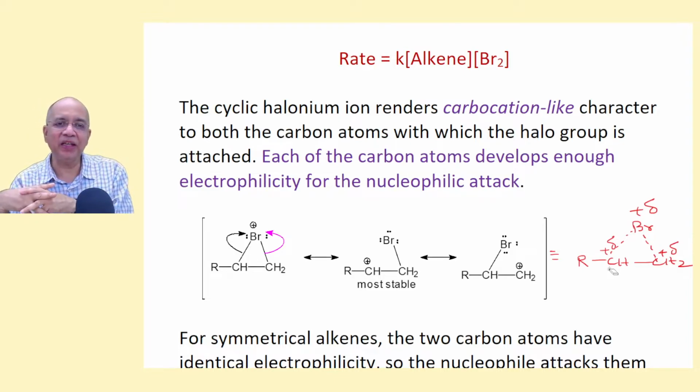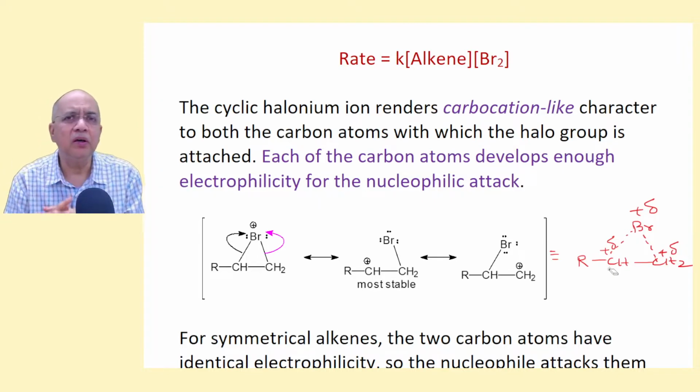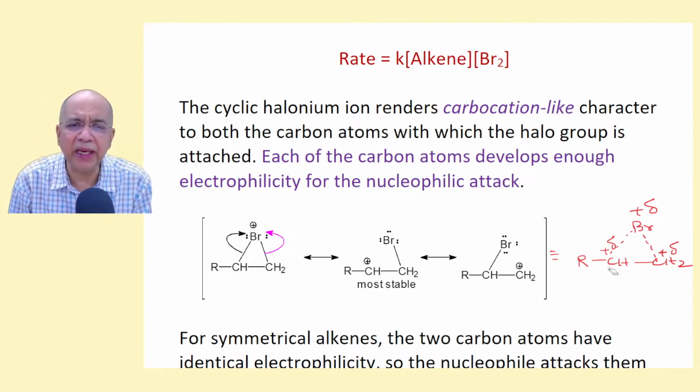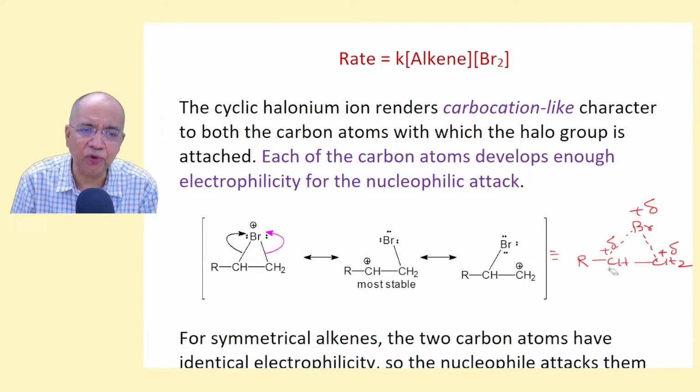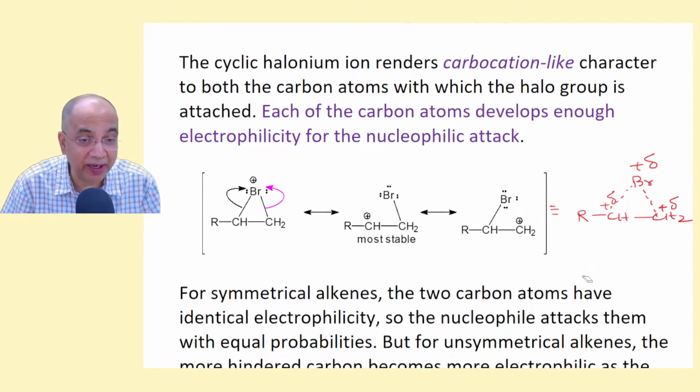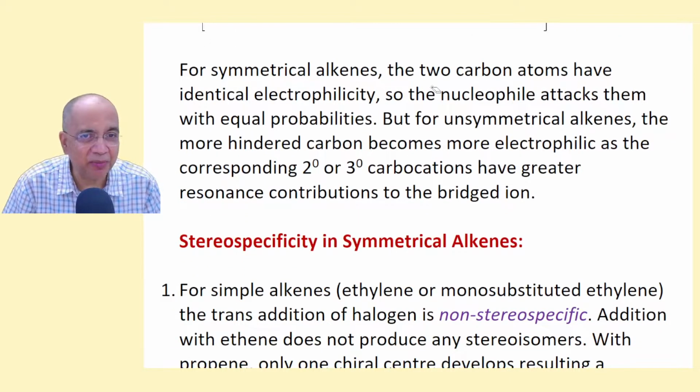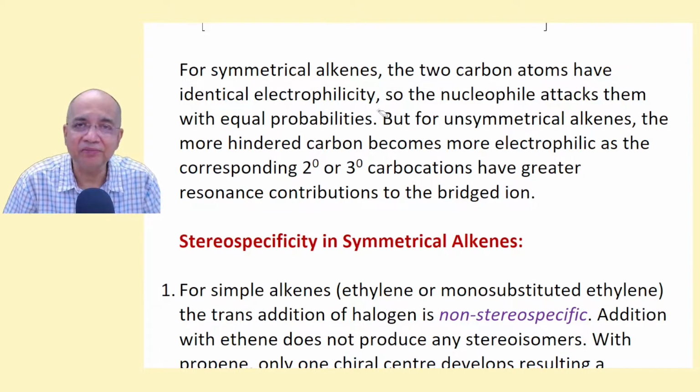So selectivity or specificity has no role to play in formation of dibromide or dichloride, but we'll see why I am saying this. For symmetrical alkenes, the two carbon atoms have identical electrophilicity, for example butene.